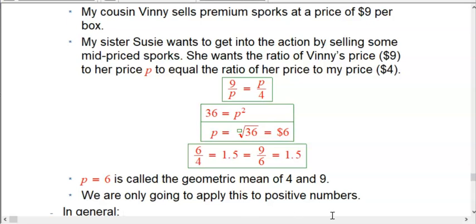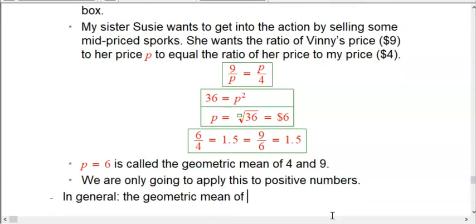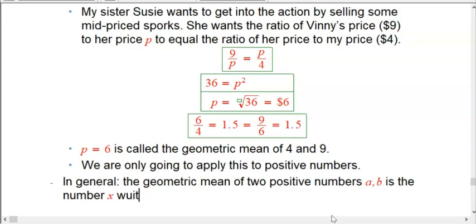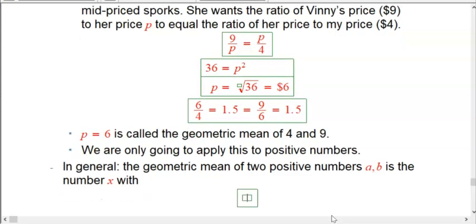It's just that restriction to only positive numbers. So the geometric mean of two positive numbers, A and B, is the number, let's say x, that satisfies this idea that B over x should equal x over A.